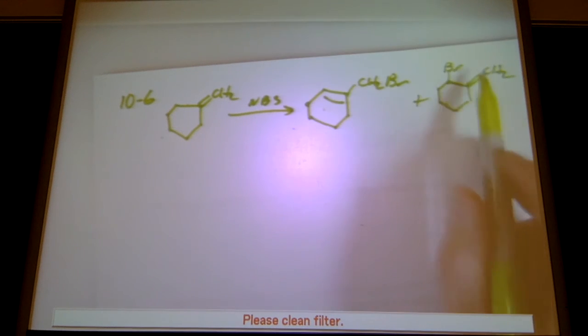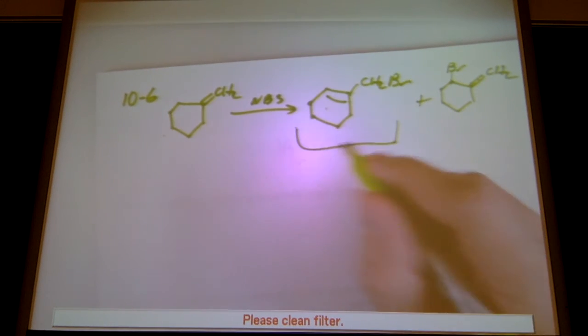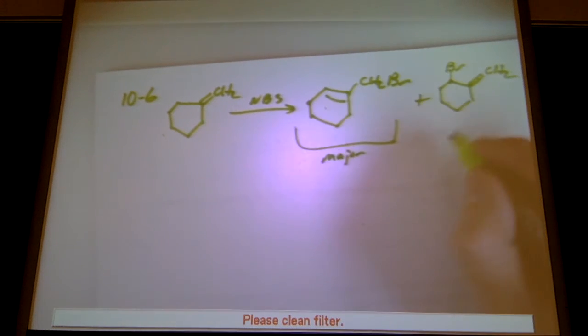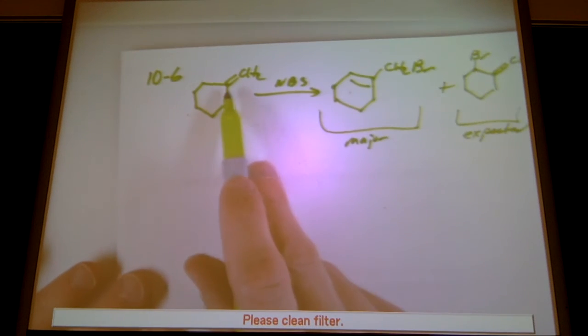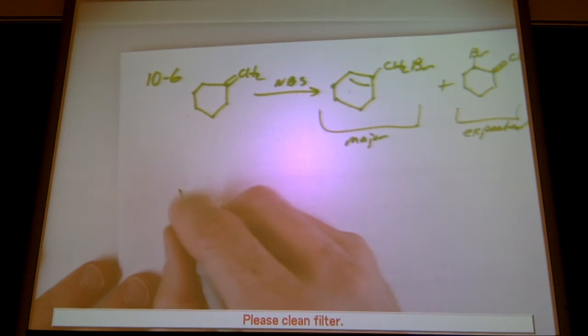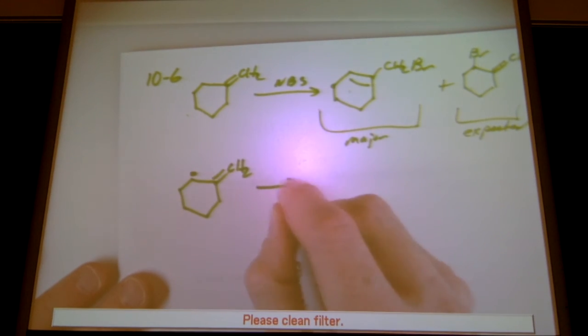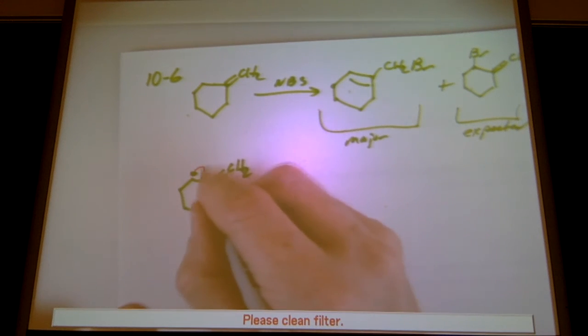Just from the reaction of NBS, here's my double bond, here's the position adjacent to it, so that's where I'd expect my bromine to go. But it says this one is my major product. That's because if you draw out your intermediate, you can see it's stabilized by resonance.